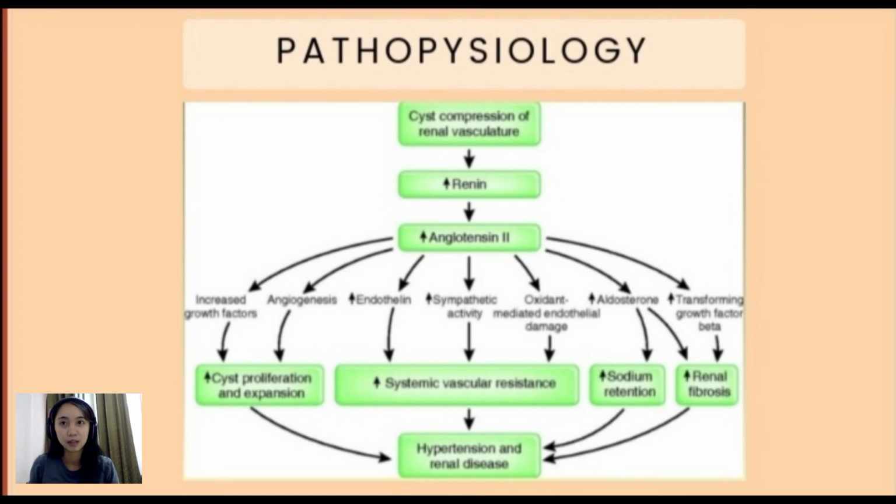Pathophysiology of polycystic disease. The cyst compresses renal vasculature, increasing renin and angiotensin II. Increasing angiotensin II results in increase of growth factors, angiogenesis, endothelin, sympathetic activity, oxidant-mediated endothelial damage, increase in aldosterone, and increase in transforming growth factor beta.